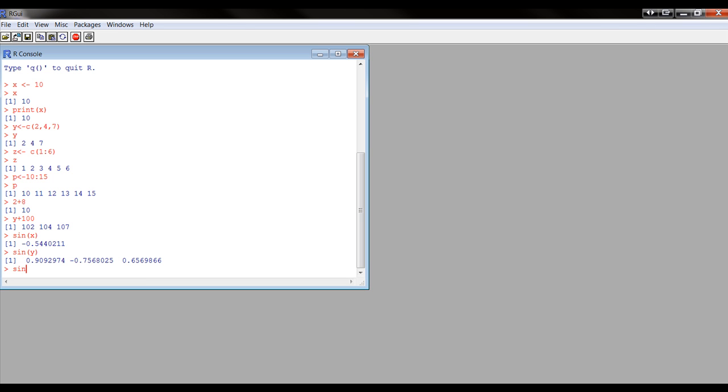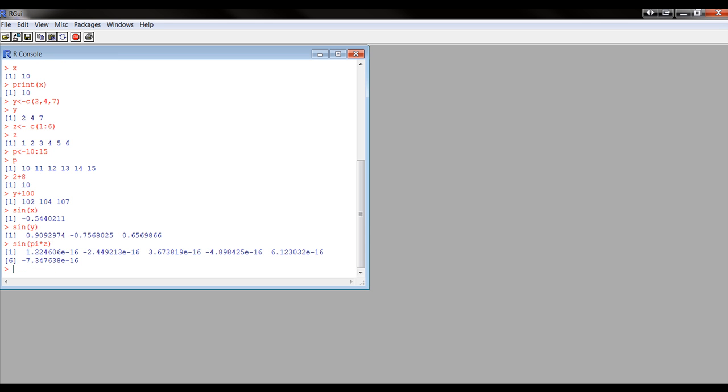Or sine, let's try this. Let's see if this works. Pi, I think you have to write like that. I'm not sure if this works. Times, maybe like this. And let's try Z. Let's see if this works. Yeah, seems to work.